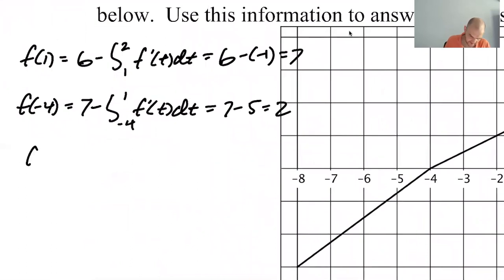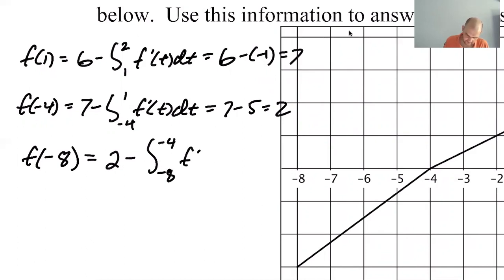And then we need f of negative 8. So I'm going to say it's 2 minus, because I'm going backwards, minus the integral from negative 8 to negative 4 of f prime of t dt. So if you're not sure about any of these, write out the full fundamental theorem.